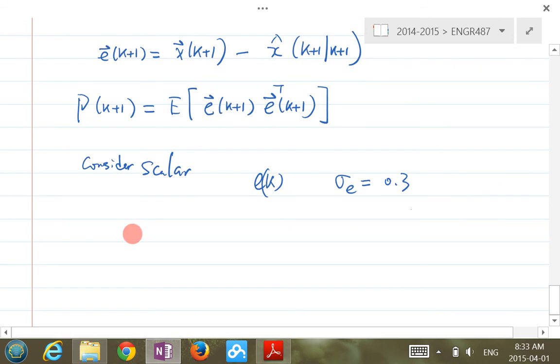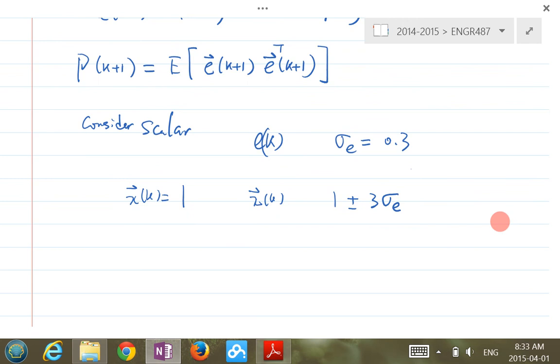you know that the average of, let's say, x of k is 1. And you know that your x of k will vary between plus and minus 3 times the error here. So what would be the range of your estimation now?